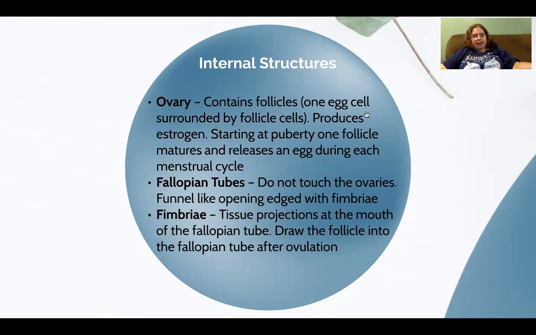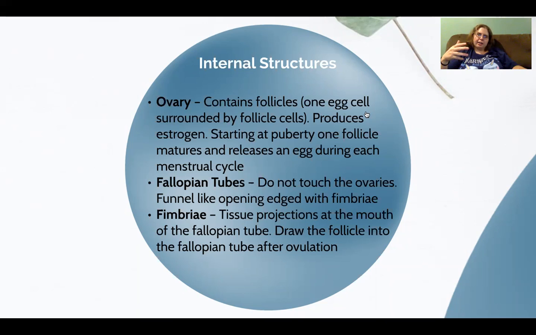After the ovary, we have the fallopian tubes. These look kind of like the horns coming off the uterus. The surprising thing is, even though the egg goes from the ovary to the fallopian tubes, they do not actually touch the ovary. They have a funnel-like opening, but on the end, around where the ovary is, they have these finger-like projections called fimbriae.